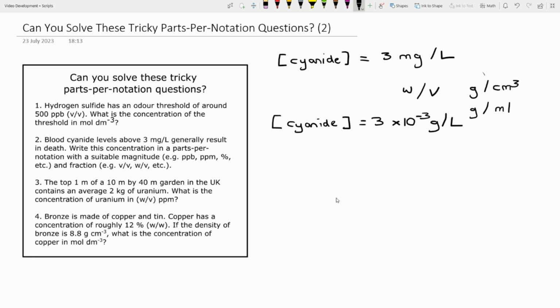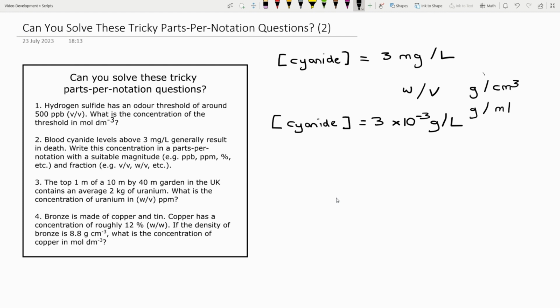Okay. Now we've got the grams, or the weight part of the fraction, in the correct form. We just need to get the litre part in the correct form. If we've got 3 times 10 to the minus 3 grams in a litre, remember a litre is quite big. If we've only got 1 milliliter, we're going to have a lot fewer grams in that milliliter than in the litre.